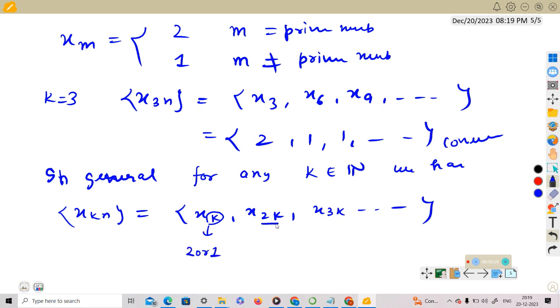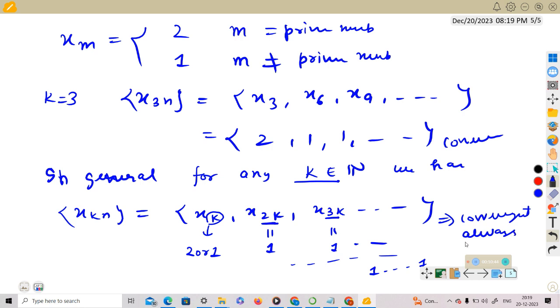Otherwise, this can never be a prime, so it will always be 1, 1, 1. So for any k belonging to natural numbers, this will always be eventually a 1, 1, 1, 1, 1, 1 sequence. So it is convergent, always. So we have shown that x_kn is convergent for all k greater than or equal to 2.